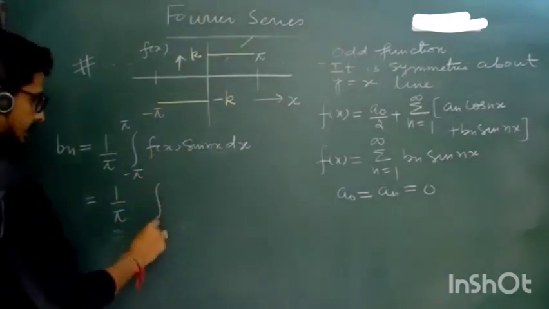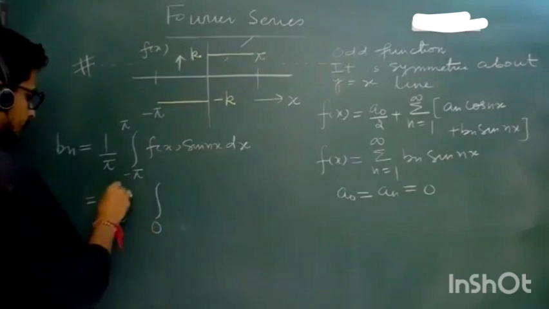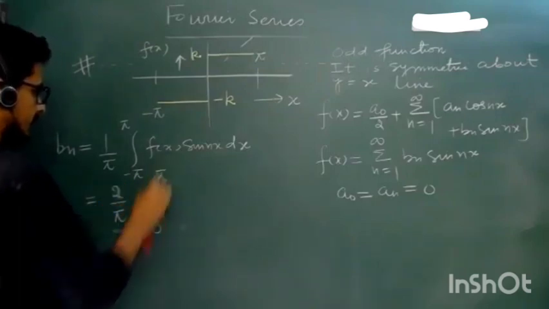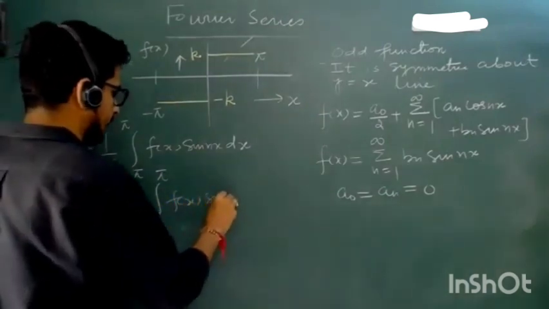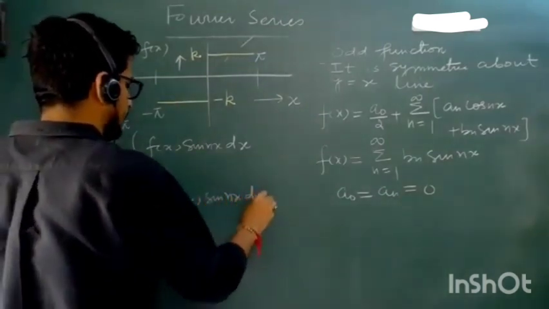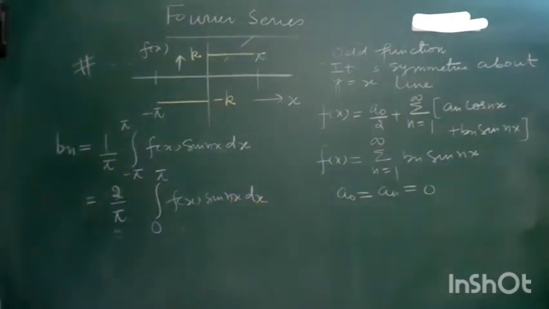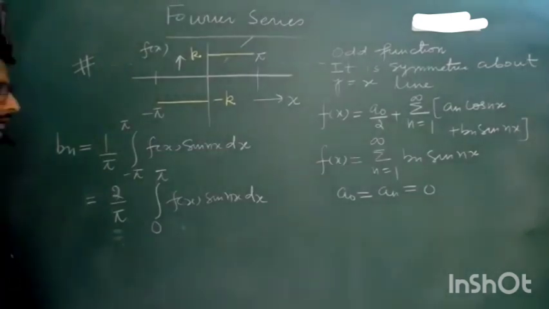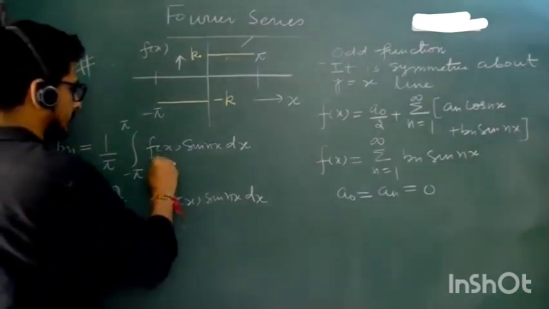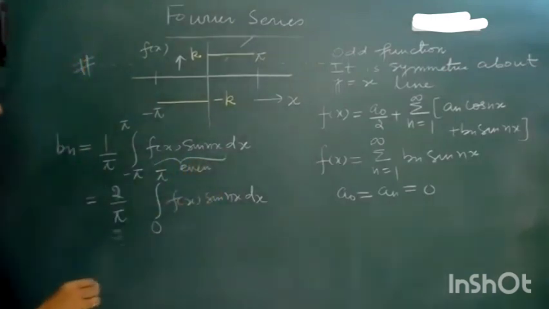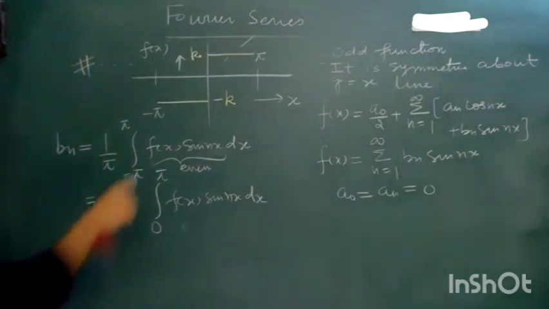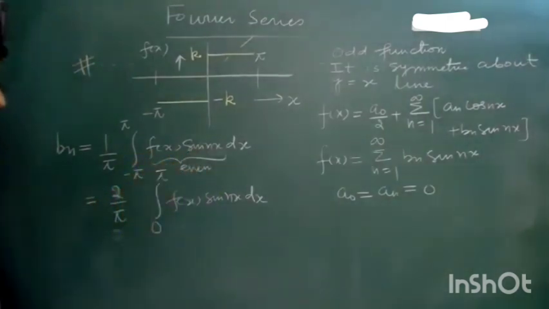So it will be 2 times integral 0 to pi f x sin nx dx. Correct? This is even, because odd into odd will become even. Okay?